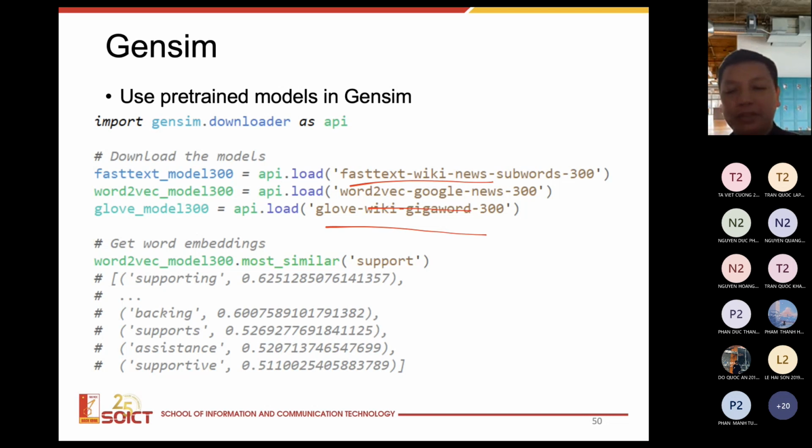Okay, if you have no question, then maybe we can come to the practical part. Let me send you the link.